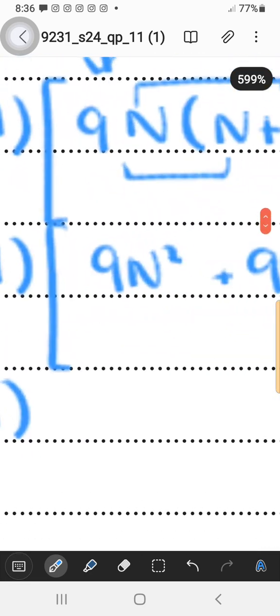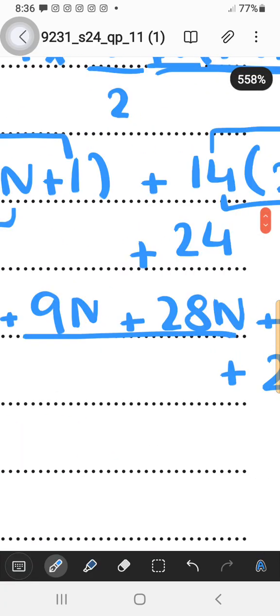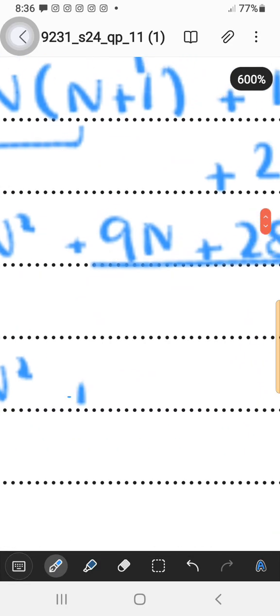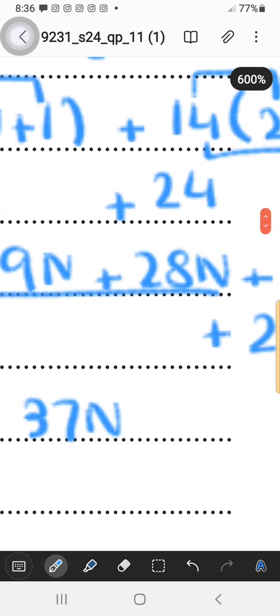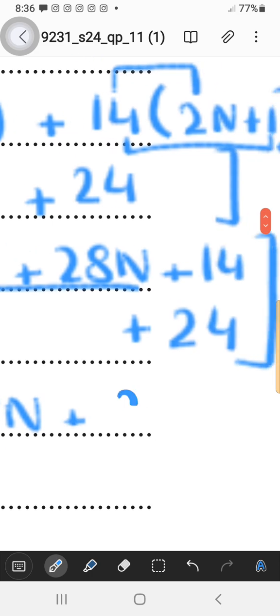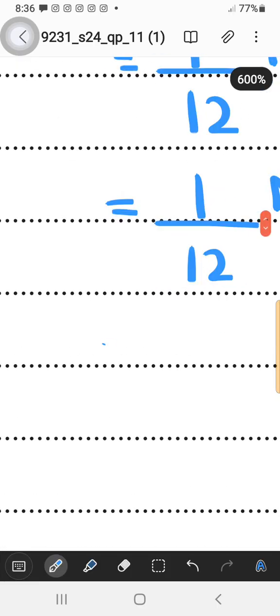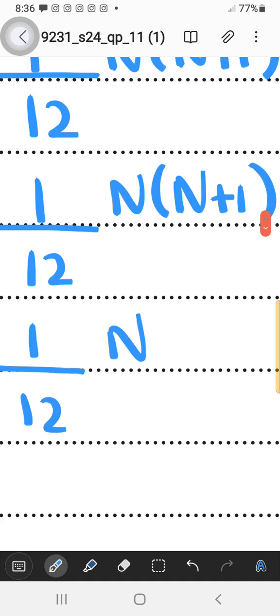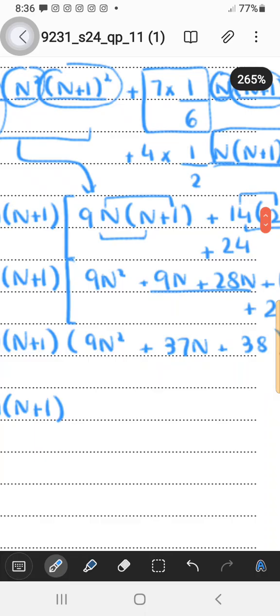This becomes a quadratic equation. 9n square will be copied as it is. Then 9n plus 28n get added, it becomes 37n, and 14 plus 24 becomes 38. Now we can solve the quadratic equation using the calculator. Before that, let me copy it down. So 9n square plus 37n plus 38.